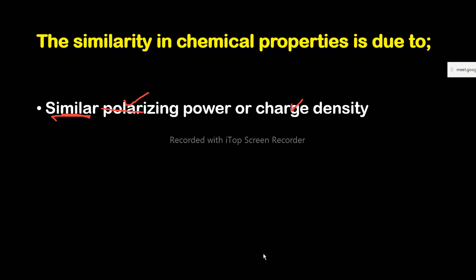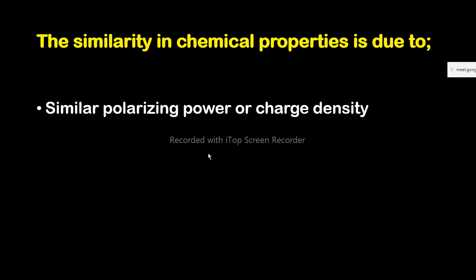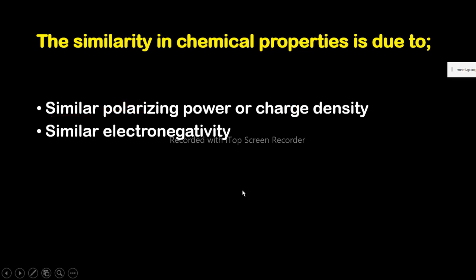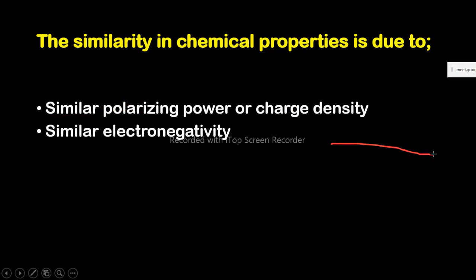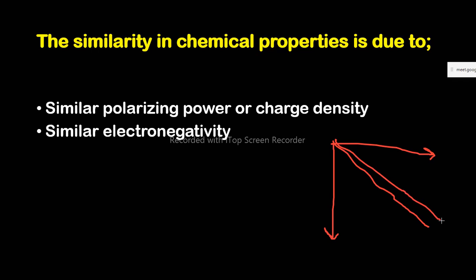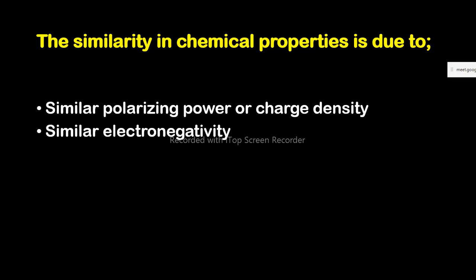As if that's not enough, they also have similar electronegativities, because across the period electronegativity increases, but down the group it decreases. So diagonally, it is going to be the same for these diagonal members, and so they will tend to have similarity in chemical properties.